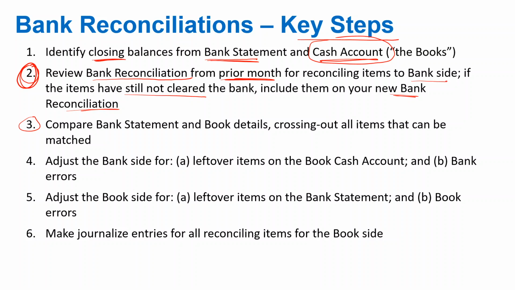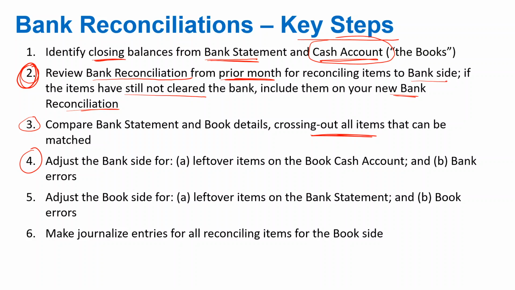Third, you compare the bank statement and the book details. So this is an example where you would actually be given a bank statement and the GL account or the T account for the month. So you need to look at each item that was recorded in both and cross out the items that are on both sides, because that means it's been recorded in the books and in the bank. So if it's in both sides, we don't need to reconcile it. So you'd go through, cross out the amounts that are matched.